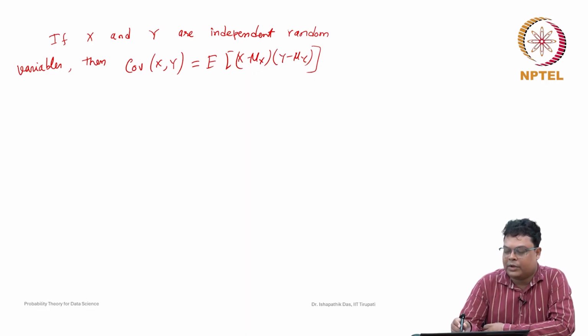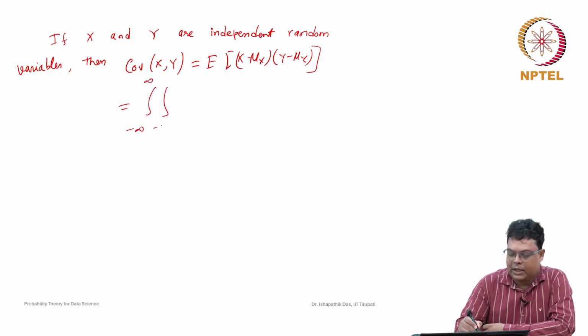Suppose we consider X, Y as continuous random variables; the discrete case will be very similar, where the integration is replaced by summation. So we do it like the continuous case.